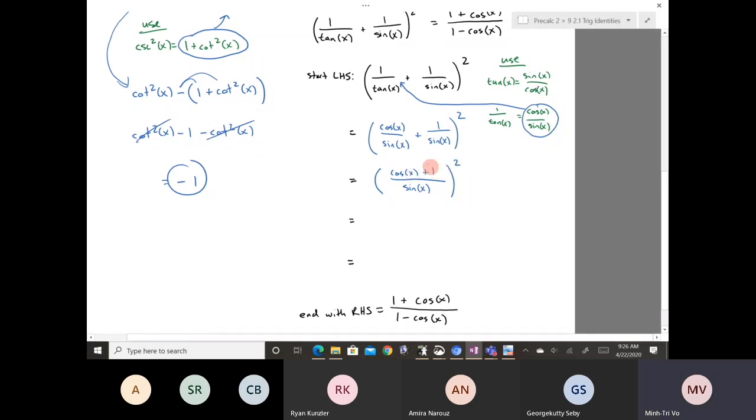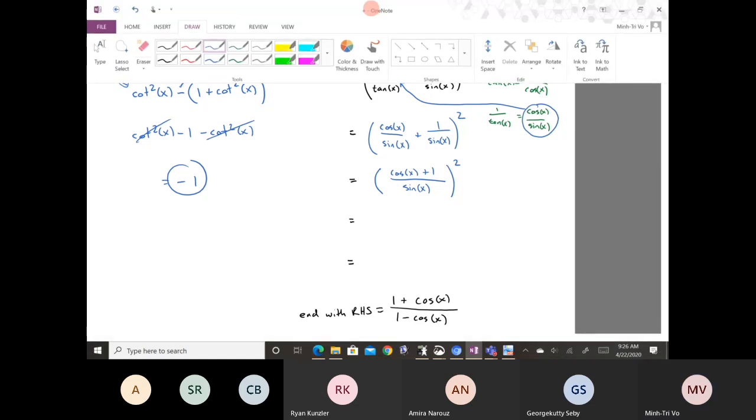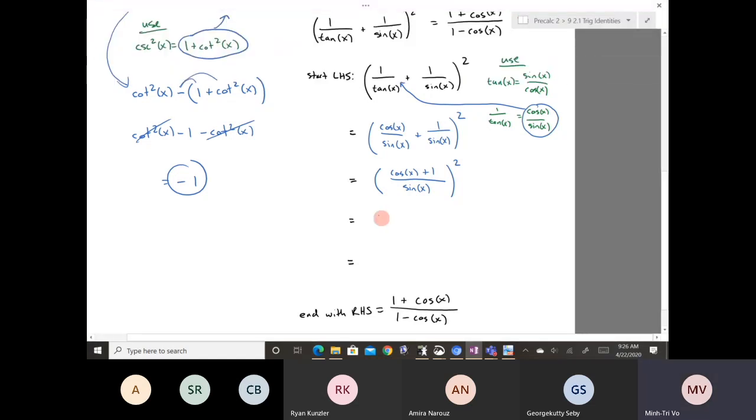Well, when you square a fraction, that means you're squaring both the top and the bottom. Right, so what do I have? So it's cosine of x plus 1 squared over sine squared of x. Yeah, so the square just goes on the top and the bottom.